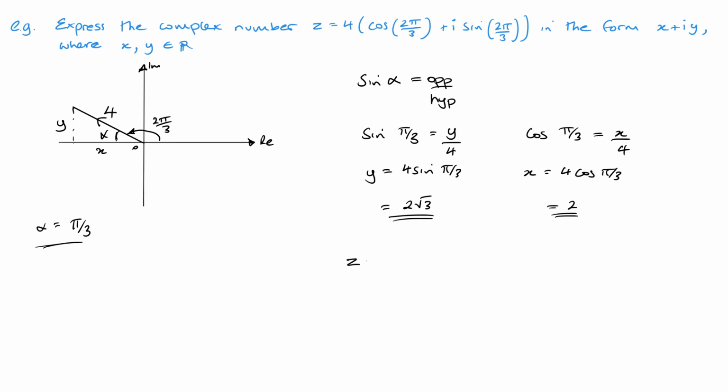So now we can say that if you think of this as x plus iy, it is going to be 2 plus 2 root 3 i, or stick the i first, sometimes I do in ones like this with a square root and stuff. But yeah, that's all there is to it going in reverse. Very straightforward, potentially a little bit quicker going in reverse.